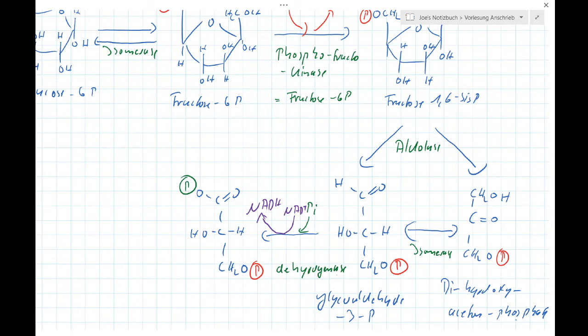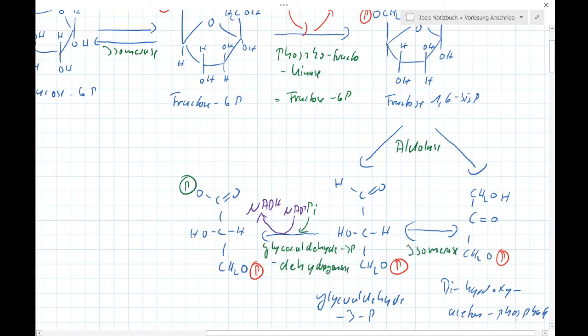So if you lose electrons, it means at the same time that you oxidize the substance. And as the metabolite which is oxidized is called glyceraldehyde 3-phosphate, this enzyme is called glyceraldehyde 3-phosphate dehydrogenase. Okay, so now we have generated this molecule here.